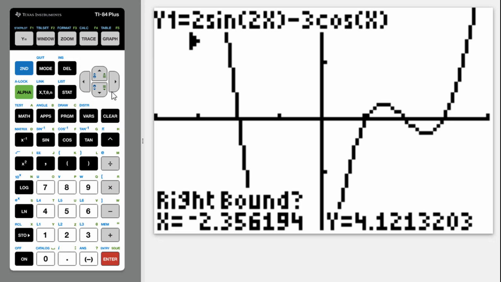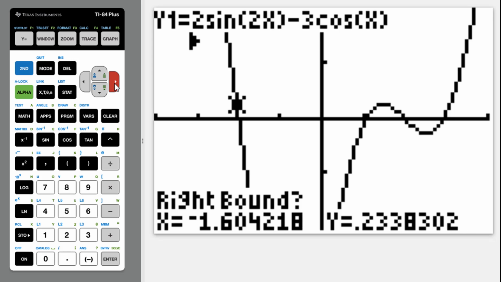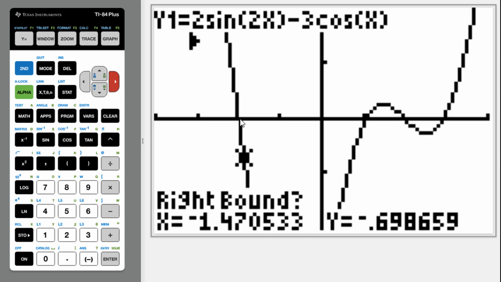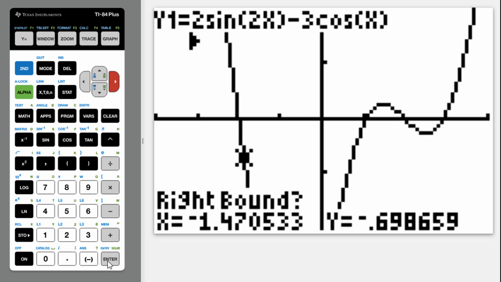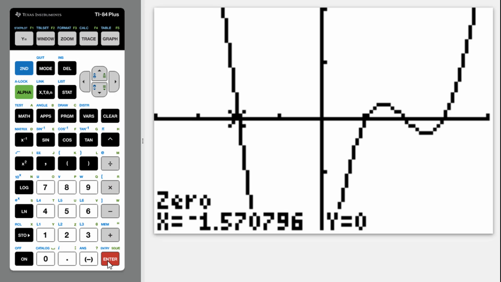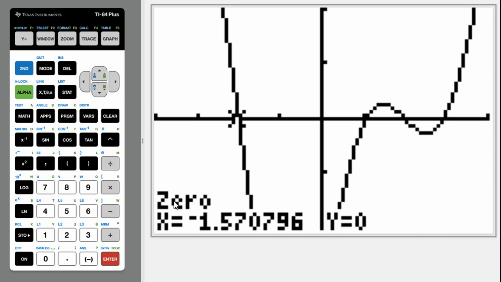Enter. Then this time you can move the arrow to the right side of this 0. Enter, enter. So you get the first x-intercept, that is negative 1.57 to 3 significant figures.